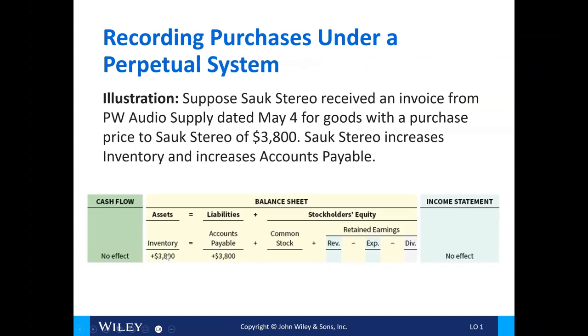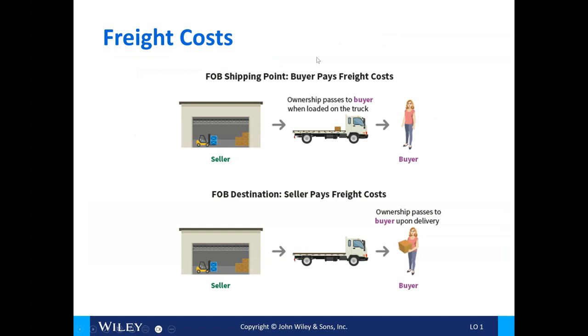And so here is the inventory. What we've done here for the perpetual system is increase inventory and increase accounts payable. One point to mention is FOB shipping point. FOB means free on board. Whatever is after that is the point at which the title of the merchandise shifts to the buyer.